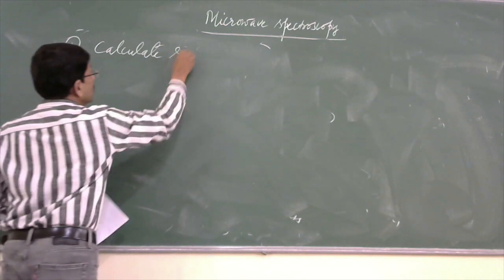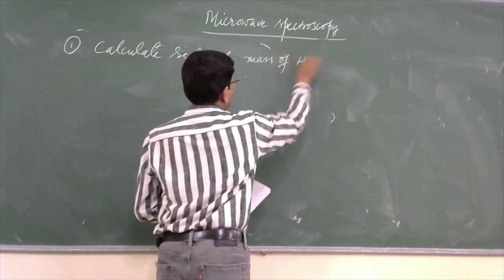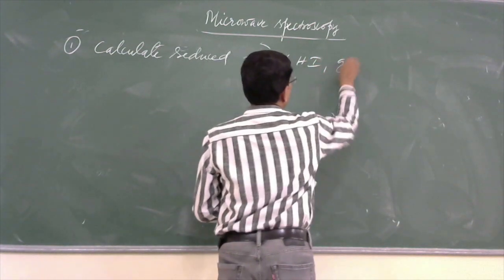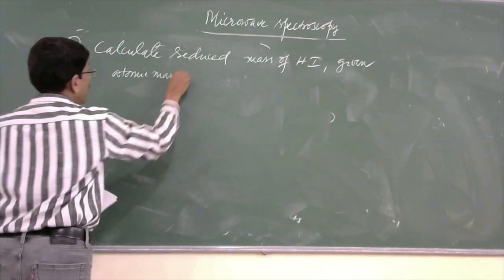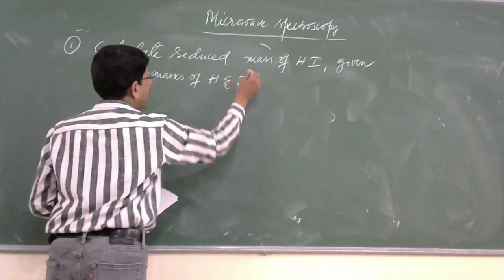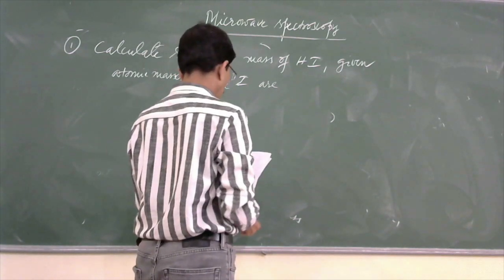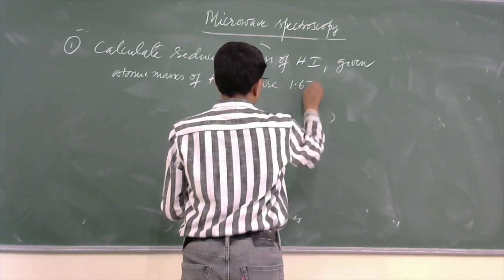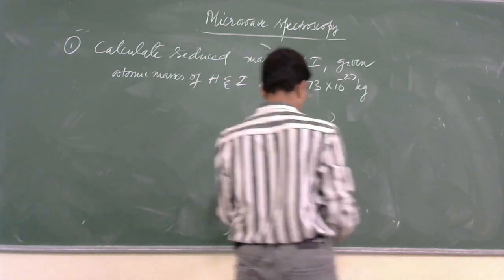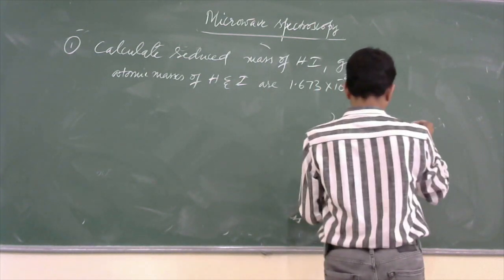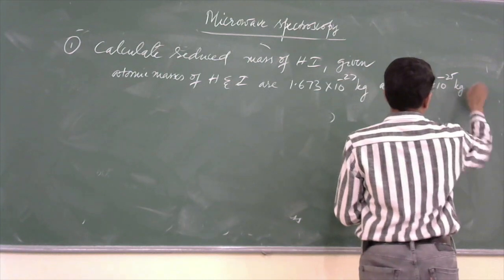Calculate the reduced mass of hydrogen iodide, given atomic masses of hydrogen and iodine are 1.673 into 10 power minus 27 kilograms and 2.106 into 10 to the power minus 25 kilograms respectively.